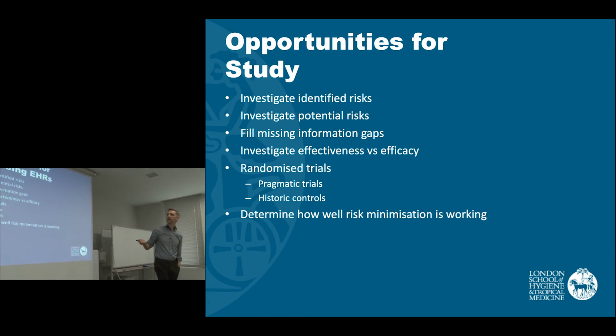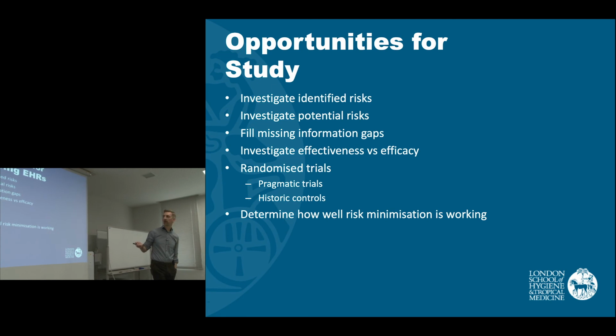We can look at investigating effectiveness versus efficacy. We can also do randomised trials using the electronic health records, and these could be both pragmatic trials, but also trials where we use historic controls. And we can certainly use electronic health records to determine how well risk minimization is working. So these are all the various things that we can use EHRs to do.